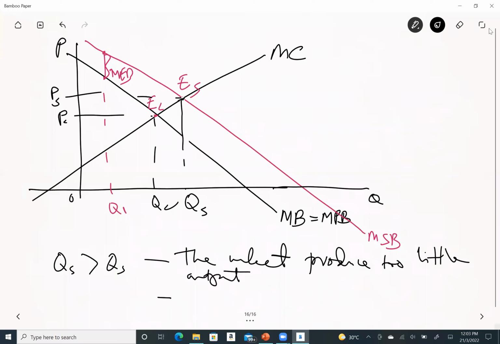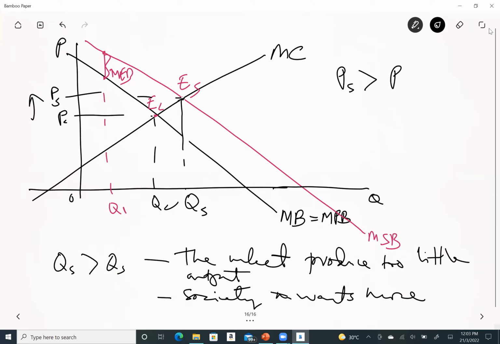In other words, the society wants more, the opposite of negative externality. And of course, you look at the price, it will be higher. So the society is willing to pay a higher price. So here you can also say PS is higher than PC.